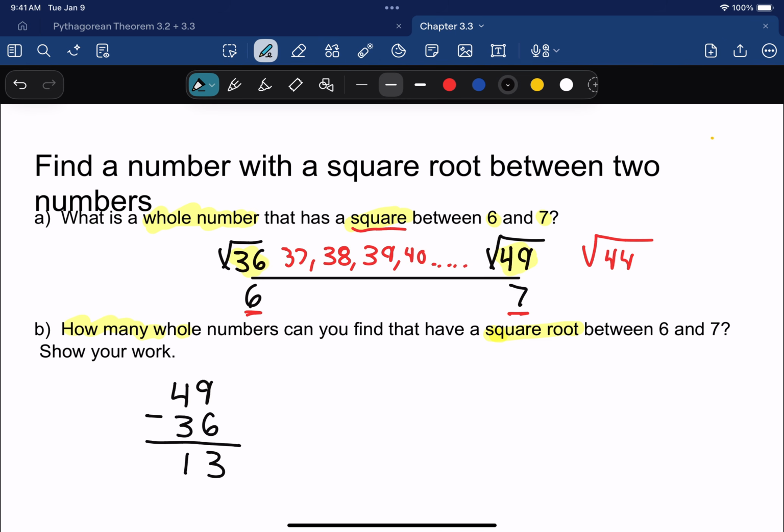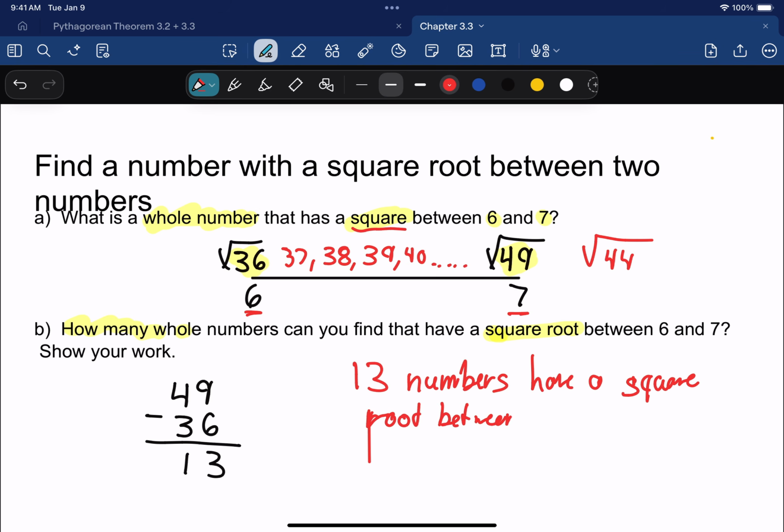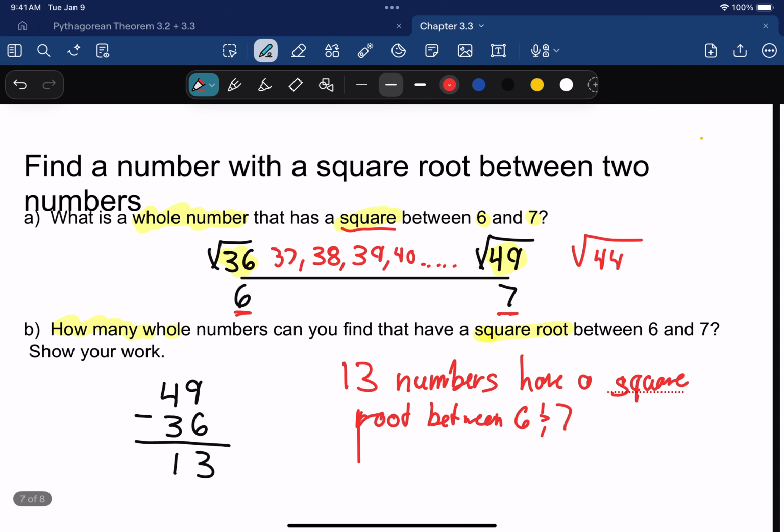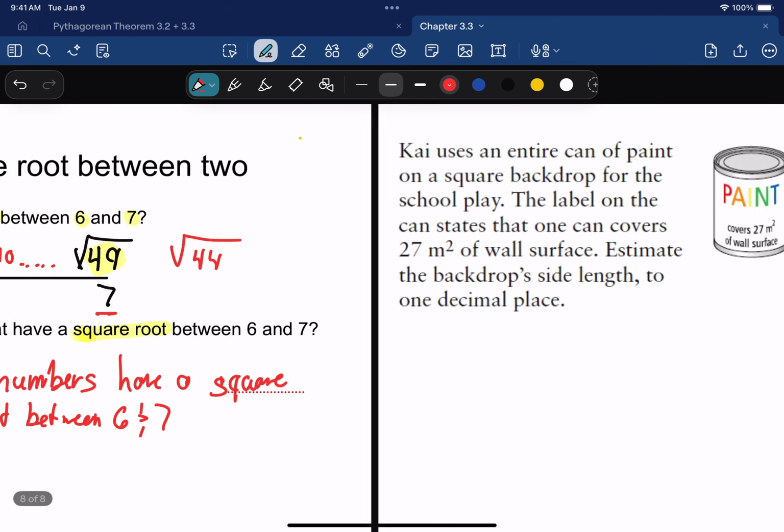So 49 minus 36 is 13. So 13 whole numbers have a square root between 6 and 7. Okay, so that's how that is working.